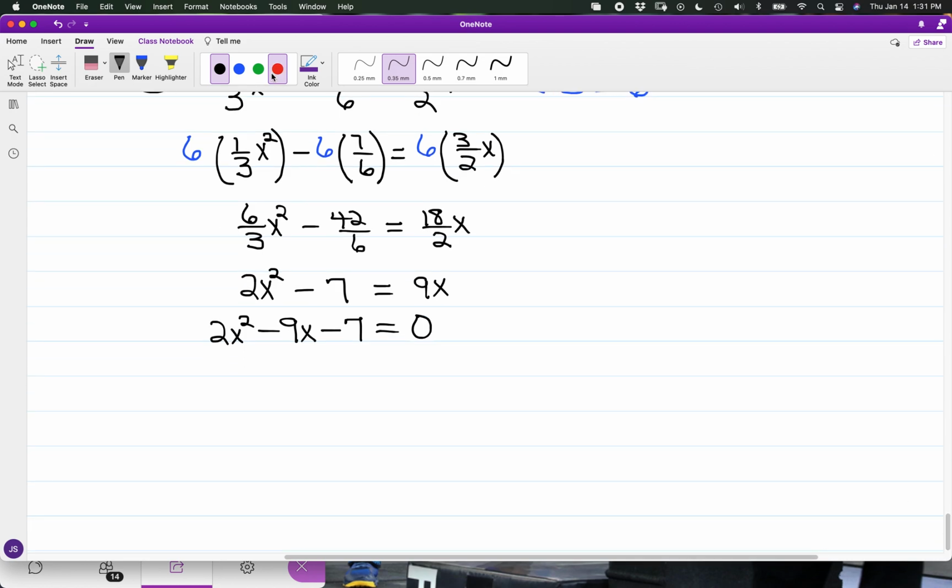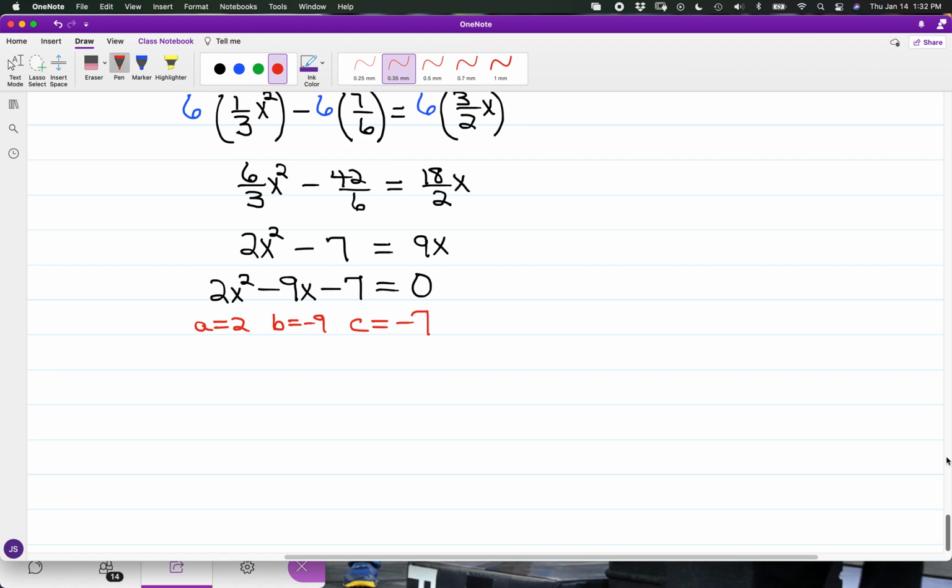And then in terms of the setup here, you could try using factoring by grouping, but there will be no combination in integers such that you will have 2x times x and plus or minus factors of negative 7 where the sum of the outside and the inside products will come out to negative 9x. So at least not in terms of integers.